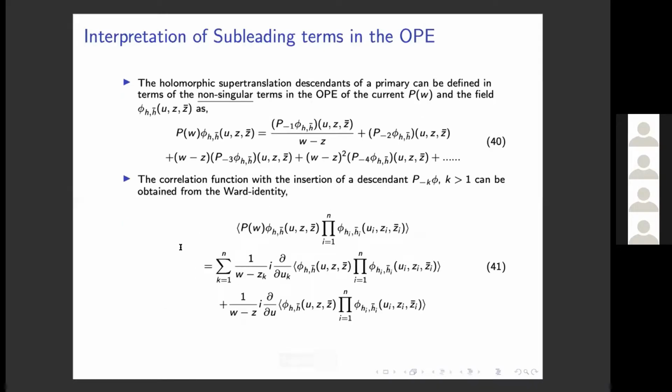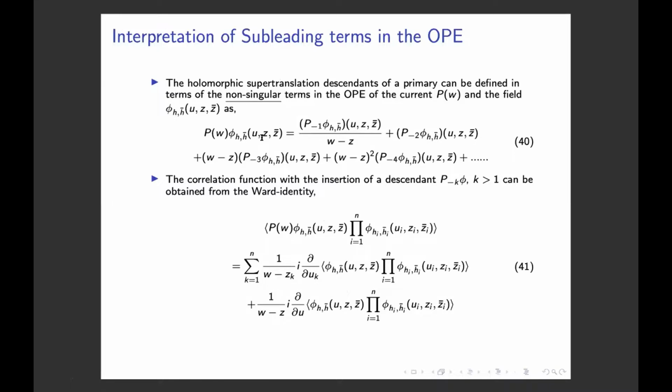So that of course also is standard. I look at the Ward identity. I take this phi(u, z, z bar), and then I have a bunch of n fields. I write down the Ward identity, and then I take w to z. So I do the OPE of P(w) and phi(u, z, z bar).